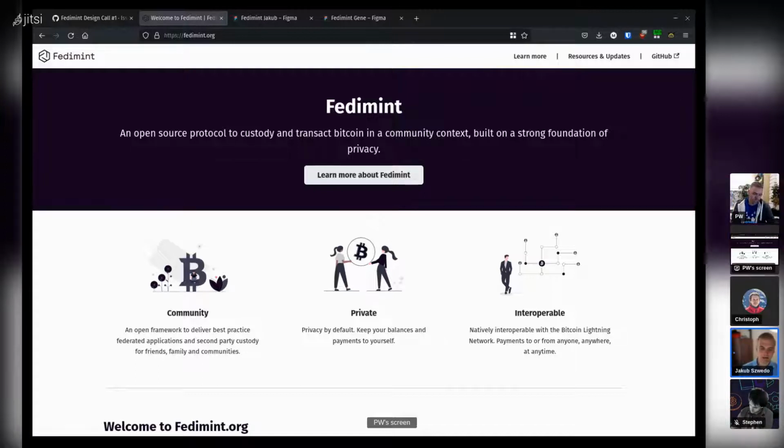So it seems like we have five groups of users who might be audience. Yeah, what to do if you're a Guardian, what to do if you're a wallet creator, what to do if you're a Lightning operator. No, that makes sense.